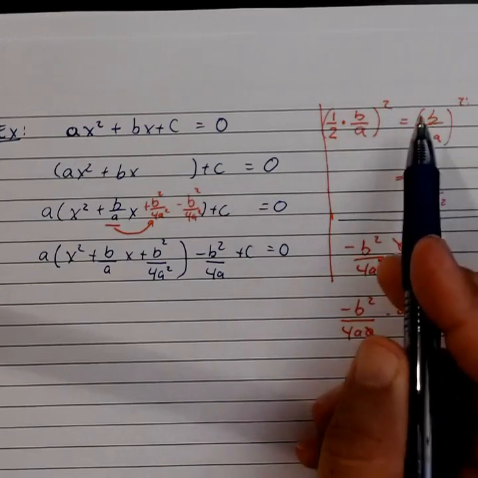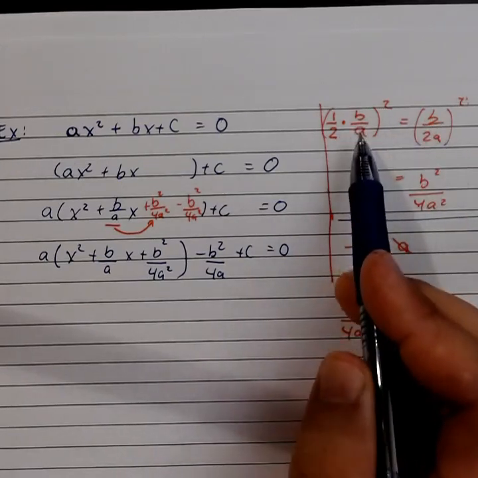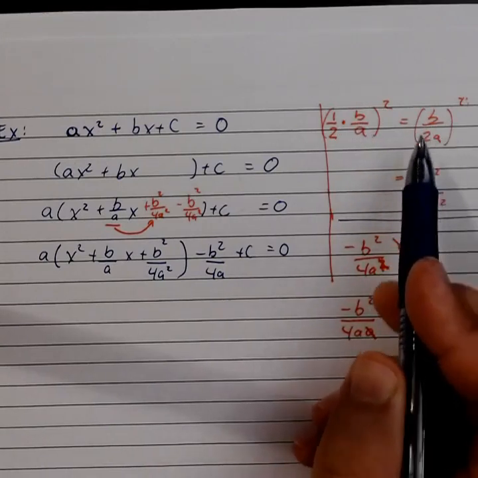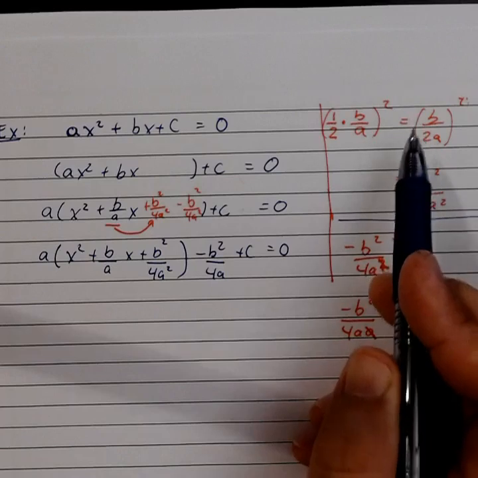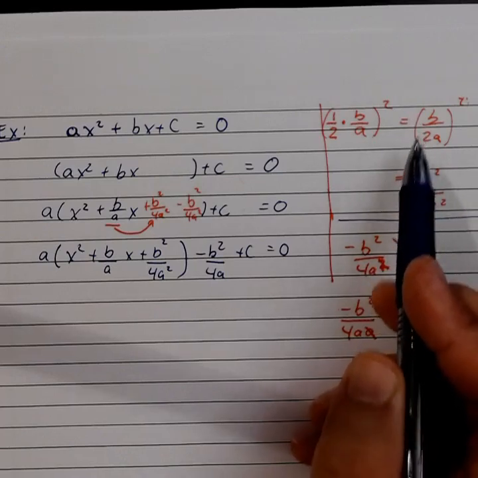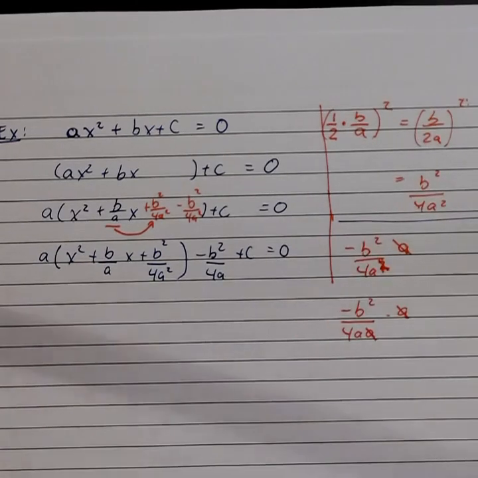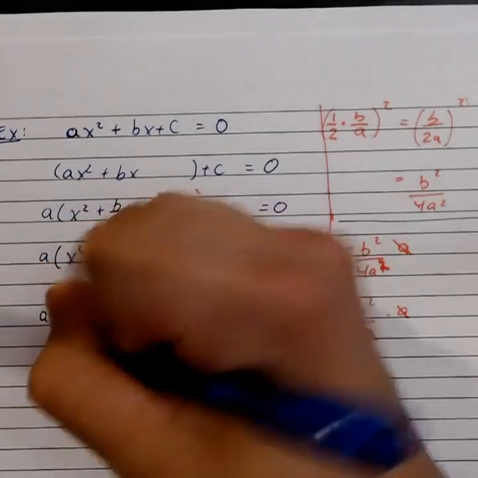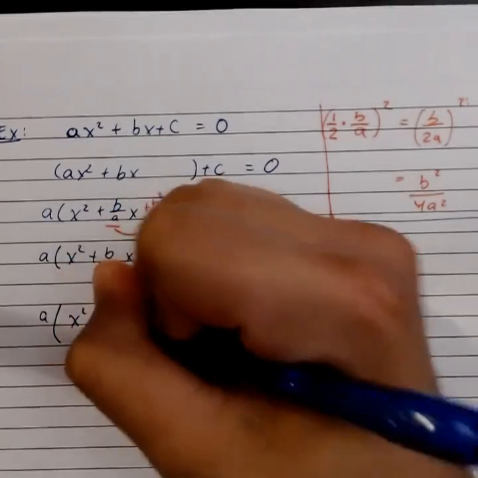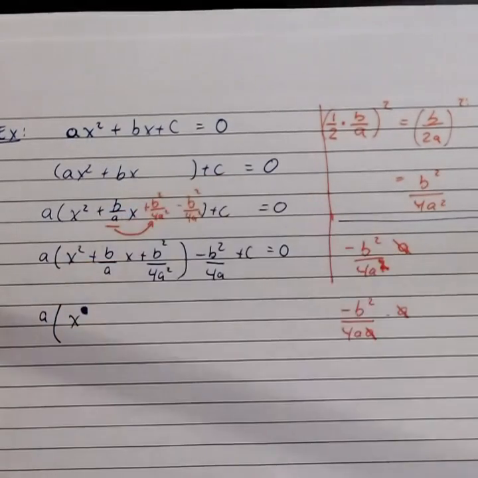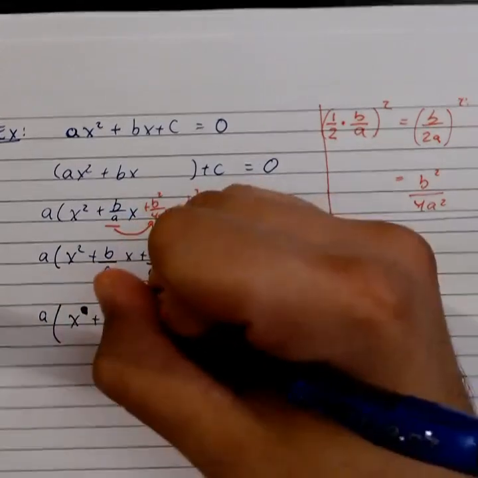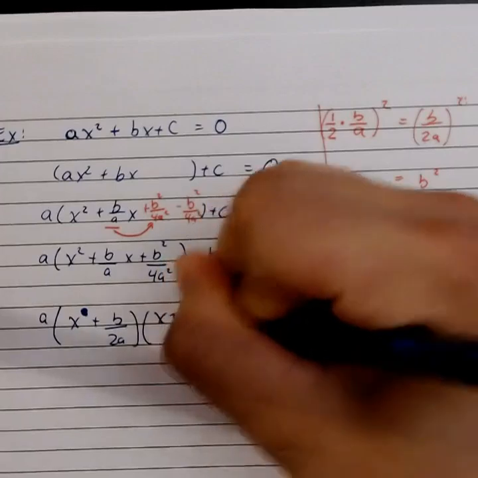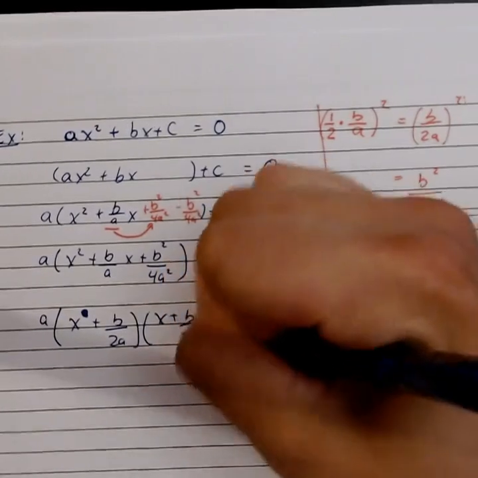Since b over 2a is half of b over a, if I add b over 2a plus another b over 2a, that's going to give me 2b over 2a. And since the 2's divide away, that'll give me just b over a. So here, this is going to be a times x plus b over 2a times another x plus b over 2a.